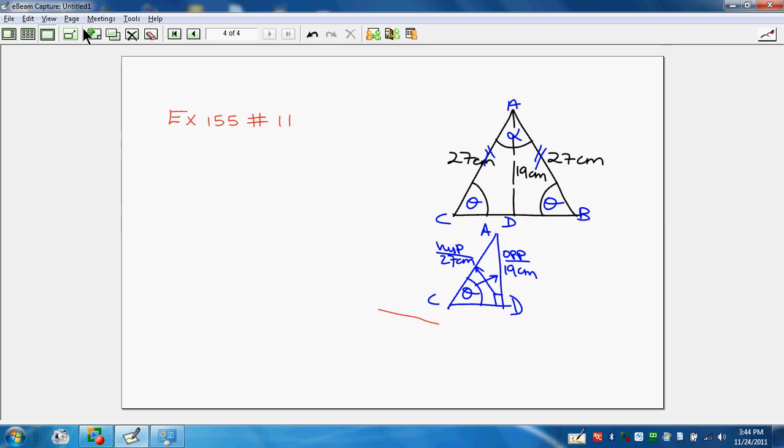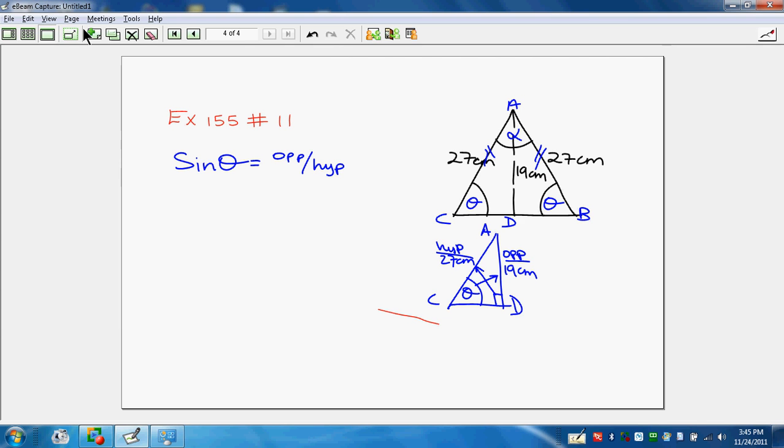So, once we identify opposite and hypotenuse as the items that we know, we ask ourselves which ratio connects opposite and hypotenuse, and the only ratio is sine. So we say sine theta will be opposite over hypotenuse.